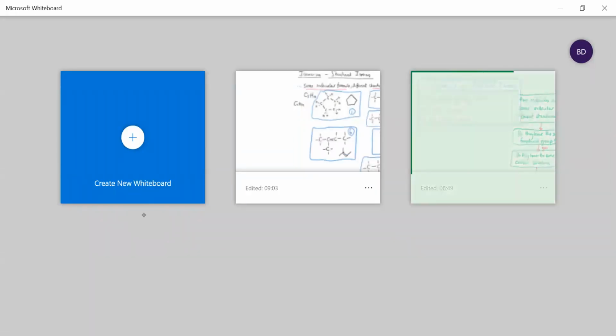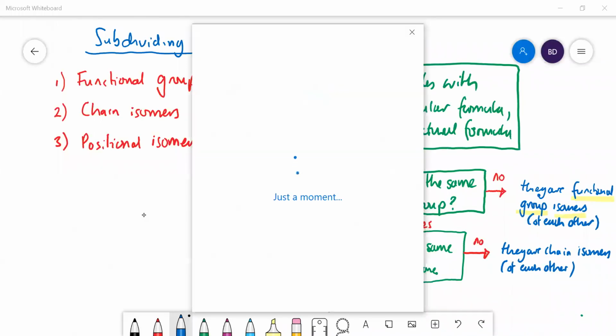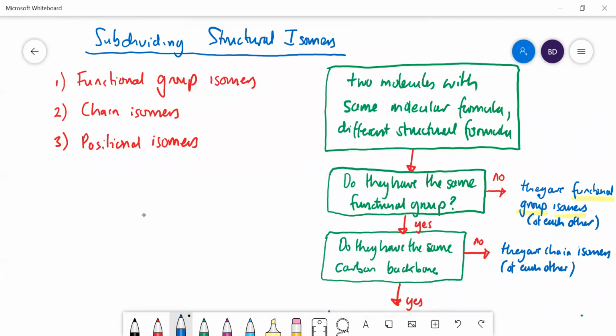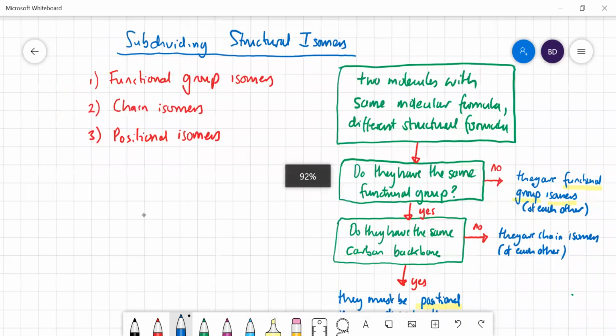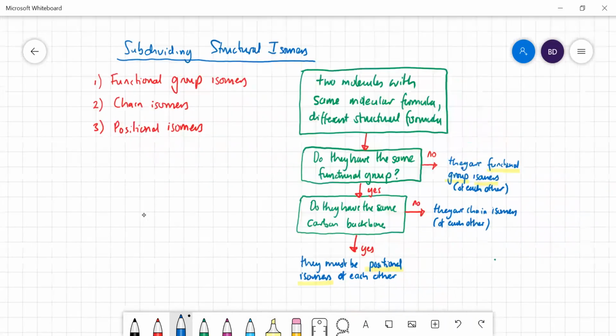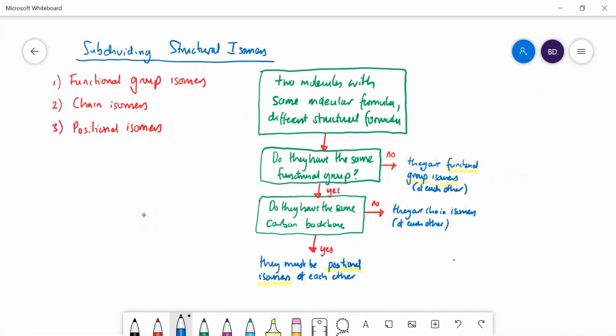Okay, so we're going to use this little flow chart, this one here, in green, to decide what kind of isomers they are.